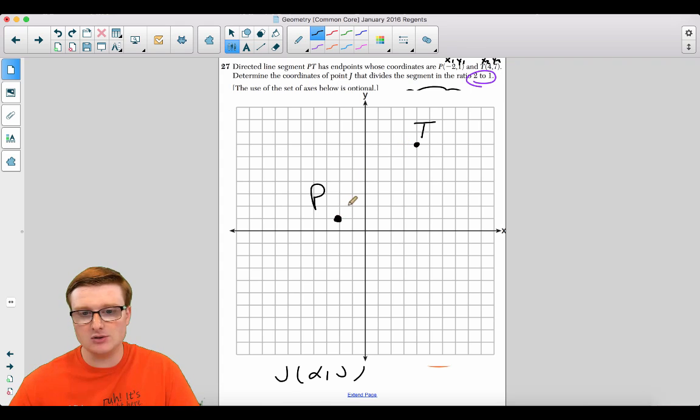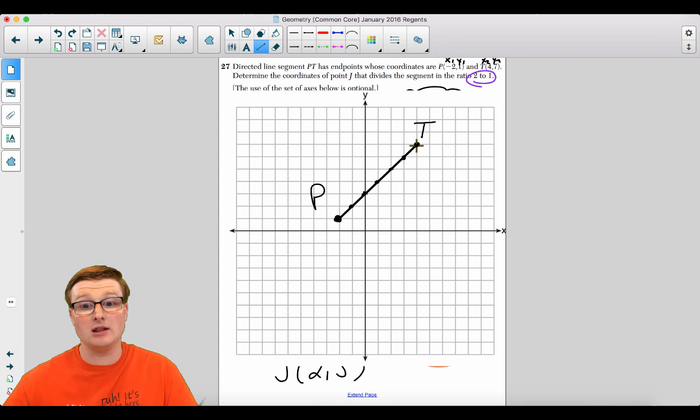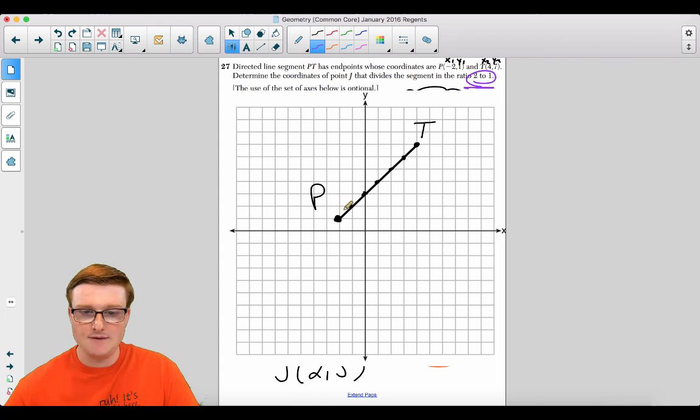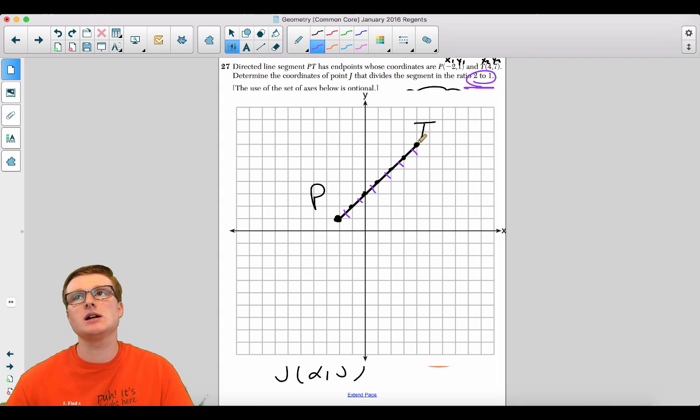So I'm just going to go up 1 over 1 each time. I'm then going to draw my line. Now, it specifically said a 2 to 1 ratio. So there are 6 little segments in the big segment. Well, how do we split up 6 into a ratio of 2 to 1?